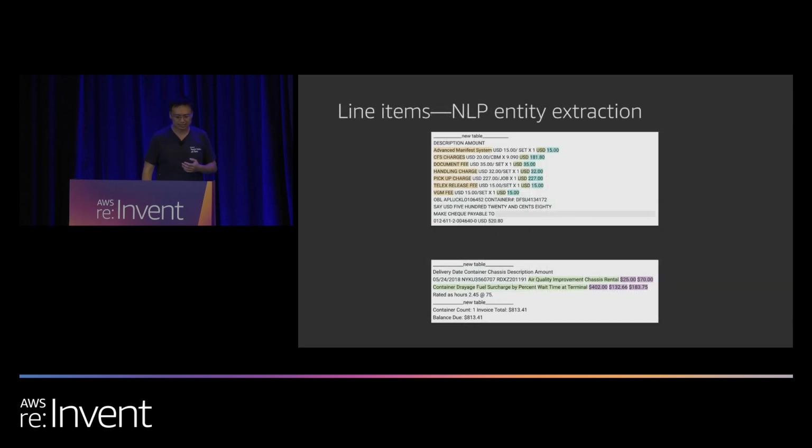Let's take this specific example. The issue is that the key-value pairs are very difficult to extract, because the text is very descriptive. In many cases, the bill does not provide a key. They only give you the value and assume you know what it means.